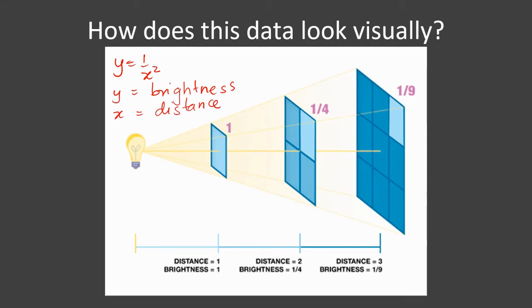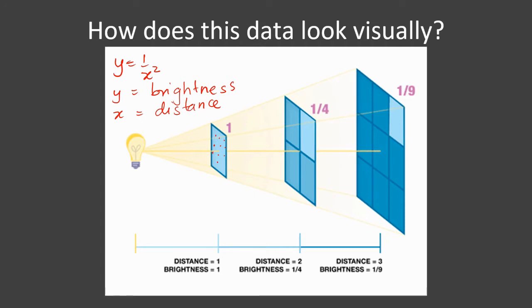Now, when distance is 1, the brightness is 1. Let's say that this is a light source, and from the light source there are 10 photons of light escaping. I have drawn 10 dots on that window over there.